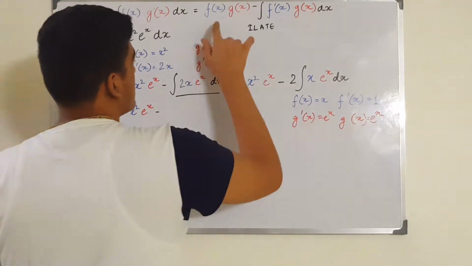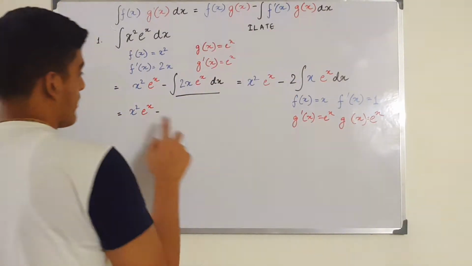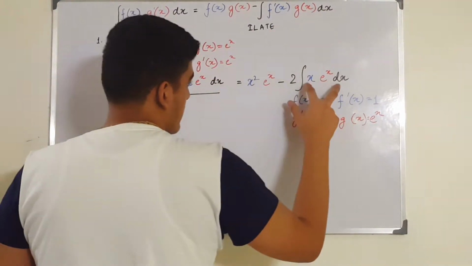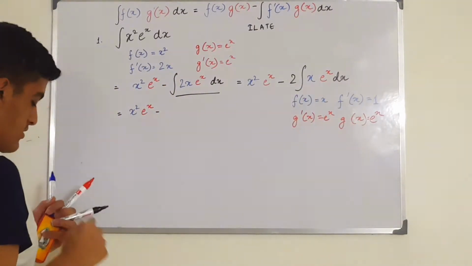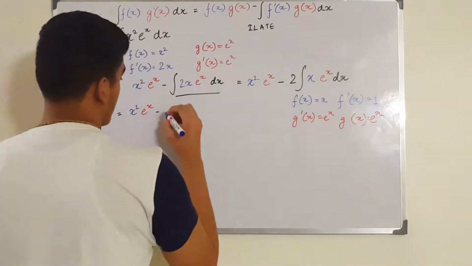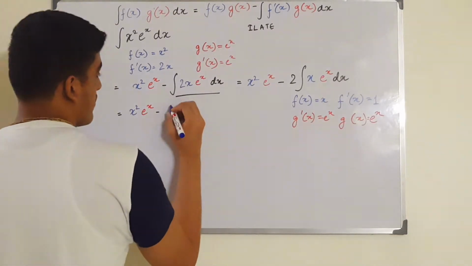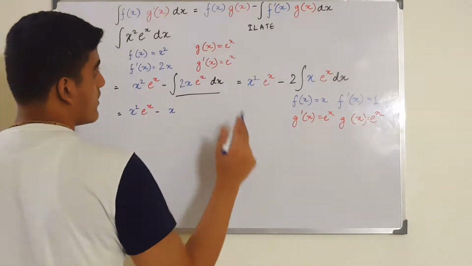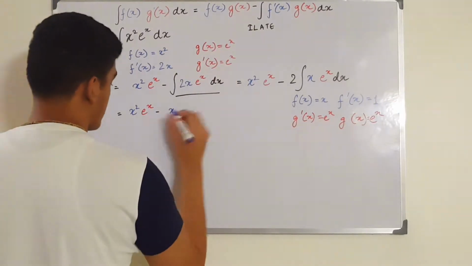Now we're just gonna use the generalized formula again, and we're gonna integrate this. Here's what we get: x multiplied with g of x, which is e to the power x.